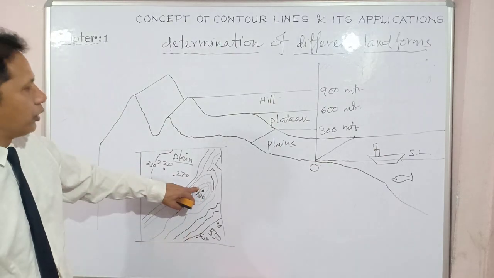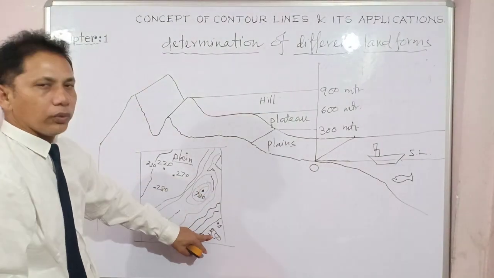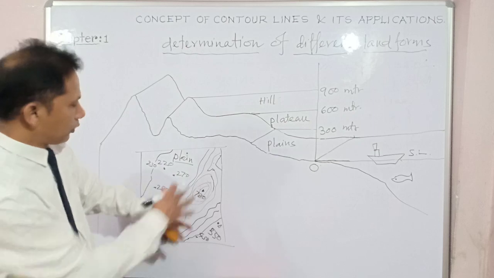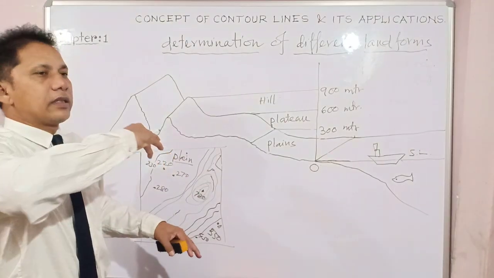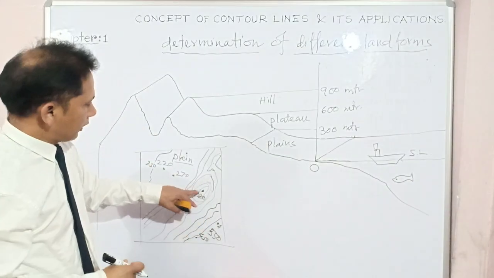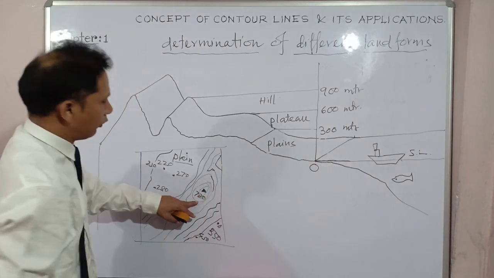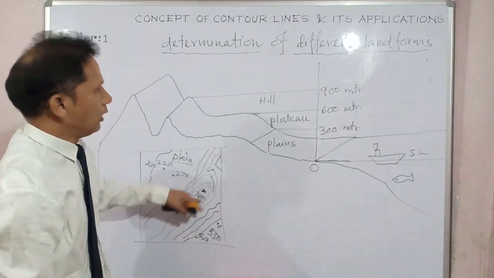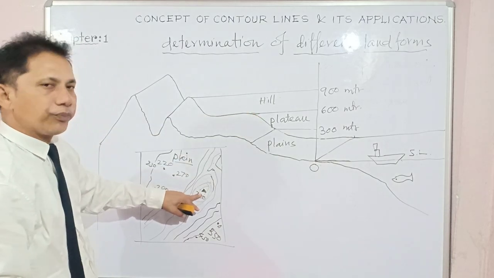Okay, 720, which is beyond 600, it will not be considered as a plateau. This part is plateau, this part is hill. It is quite ascending on up. That means contour spacing is encircling. Okay, the concentric contours showing up, and the top value over here, suppose one triangulation station is given and value marked over there 720, so it comes under hill, right? So this area will be hill.